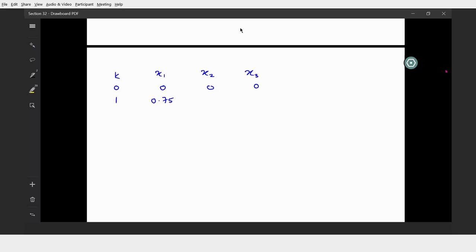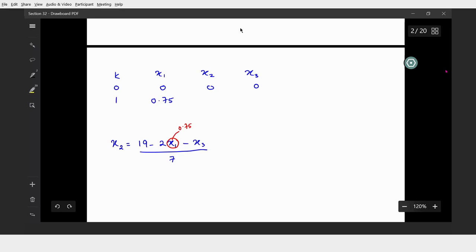But when you want to compute X2, in Jacobi just now, you have 19 minus 2X1 minus X3 over 7. But in Gauss-Seidel, when you want to substitute the value of X1, you immediately put 0.75.